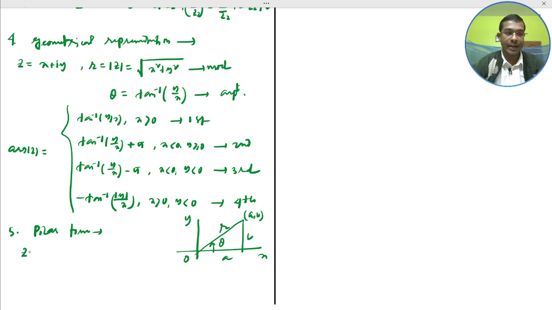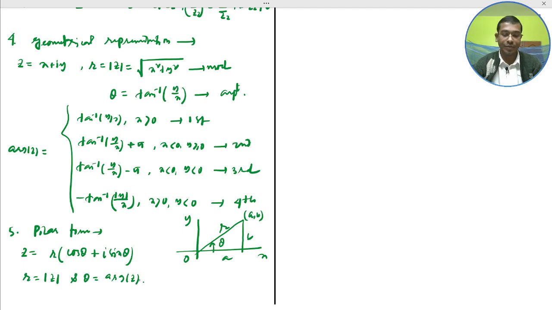So polar form, z equal to r (cos theta plus i sin theta), this is the polar form, and r equal to mod z, and here theta is equal to arg z, basically the argument or the amplitude of z.